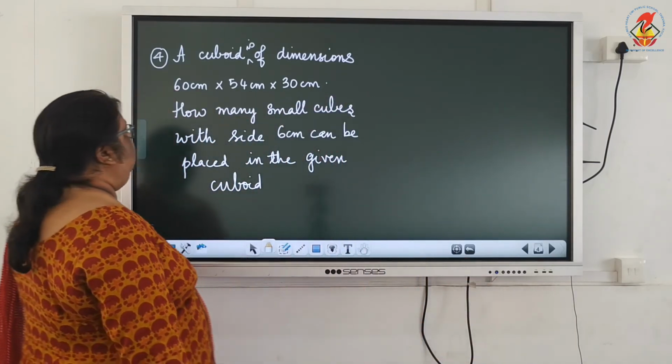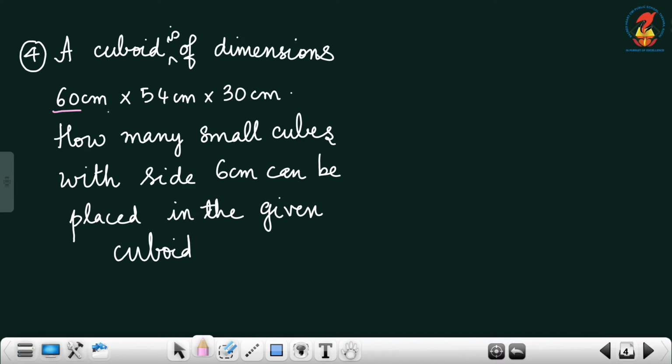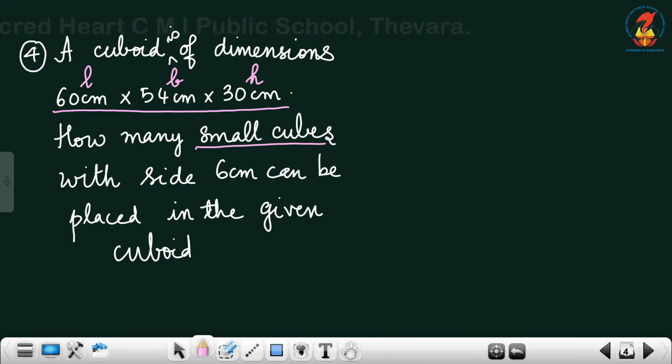Next question. A cuboid is of dimensions 60 centimeter by 54 centimeter by 30 centimeter. That is, length is equal to 60 centimeter, breadth is equal to 54, height is equal to 30 centimeter. How many small cubes with side 6 centimeter can be placed in the given cuboid?